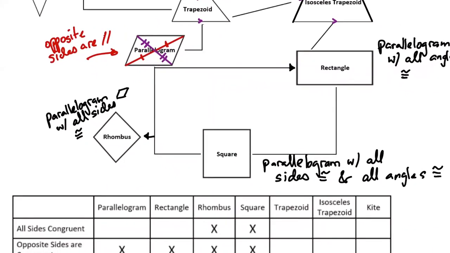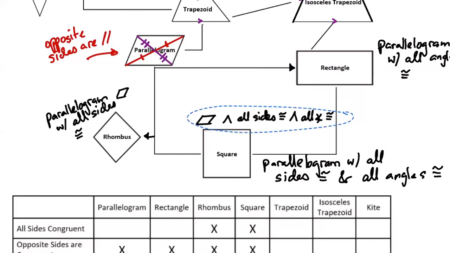So in order to make a square, I would want to show that we have a parallelogram and all sides congruent and all angles congruent. I'm going to use the angle symbol there. All right, but that's all.